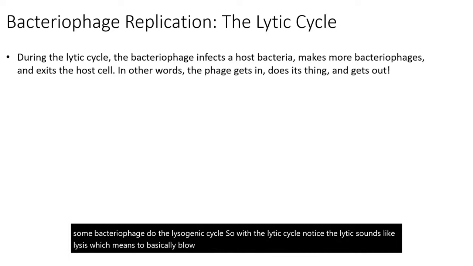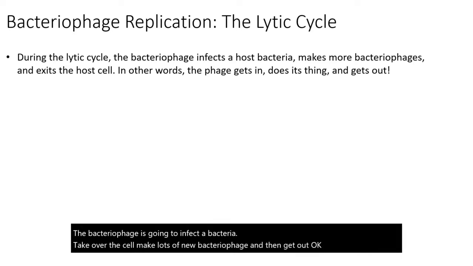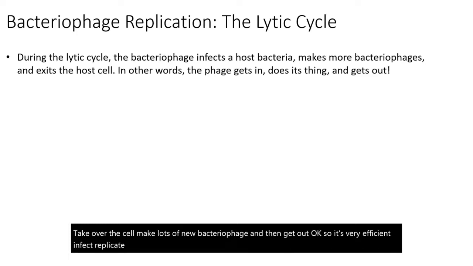During the lytic cycle, the bacteriophage is going to infect a bacteria, take over the cell, make lots of new bacteriophage, and then get out. So it's very efficient. Infect, replicate, exit. It is going to kill the bacteria in the process because it's going to lyse its way out, or cause the cell to undergo lysis.